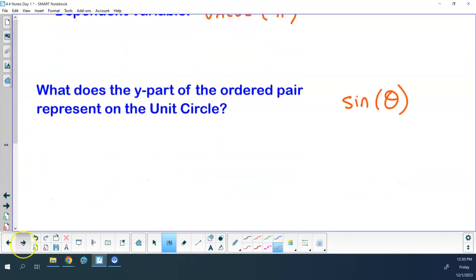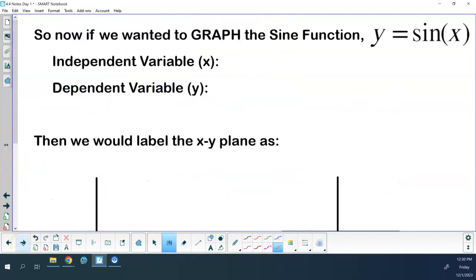Okay? So if I want to graph, that's what this next unit is all about. We're all about graphing the sinusoidal functions. Now you understand why our fish was named sinusoidal. So we're going to graph sine and cosine today, and then next week we're going to graph tangent, cotangent, cosecant, and secant.